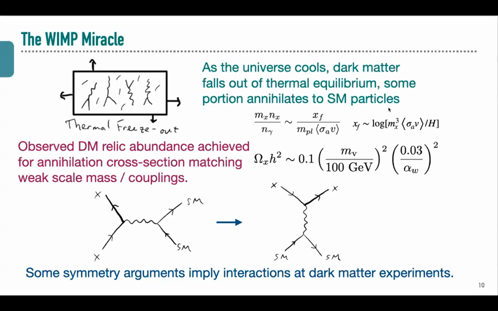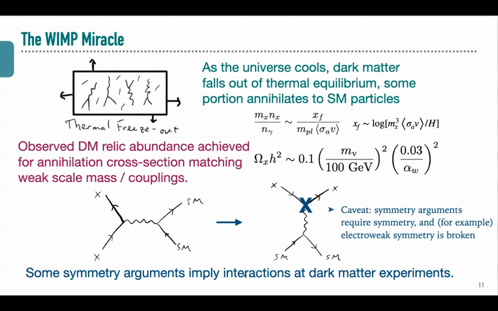The miracle part of this is that if you look at the characteristic temperature, which only logarithmically depends on the dark matter mass over a certain range of masses, and you ask what's required of the cross section in order to give you the observed dark matter relic abundance, you'll find that if you couple a dark matter particle to a weak mass boson with a weak sort of coupling, you'll get the right relic abundance. And then some symmetry arguments imply that there will be interactions at certain dark matter experiments.